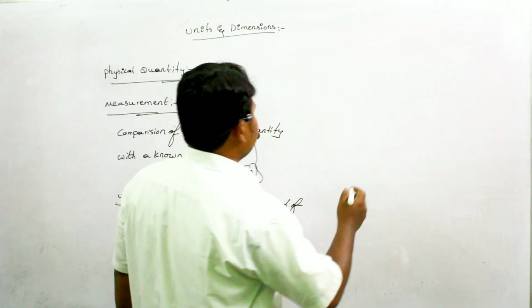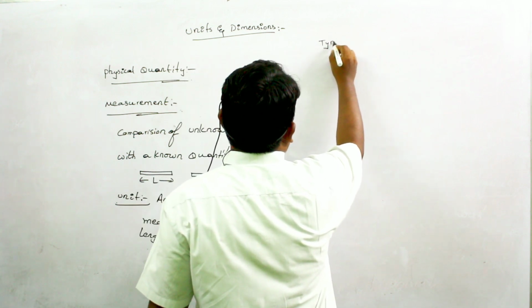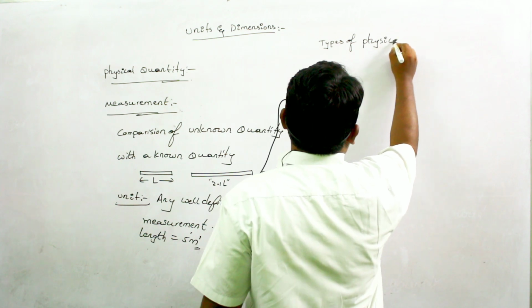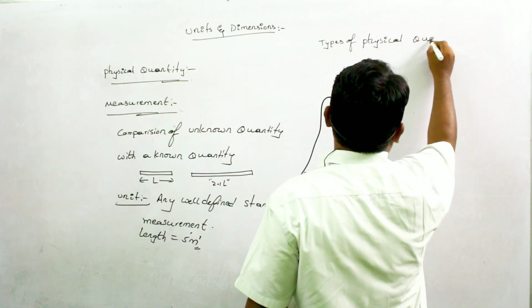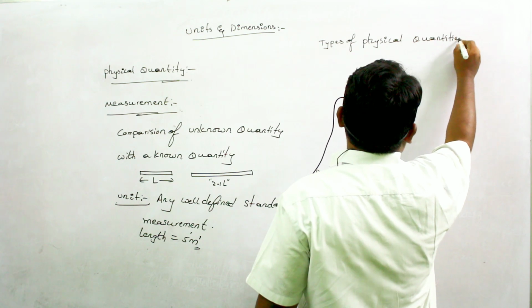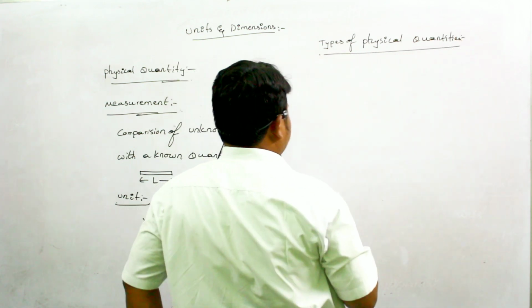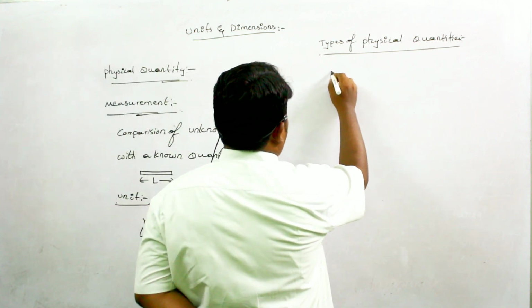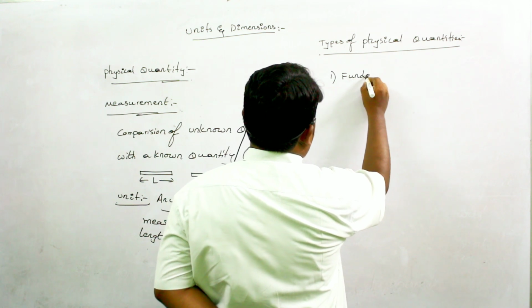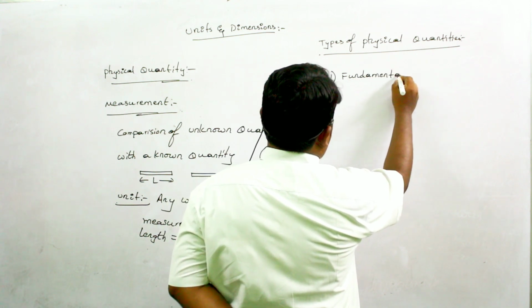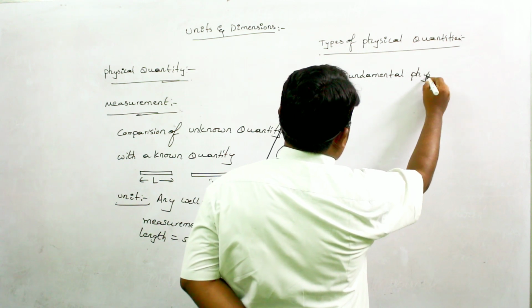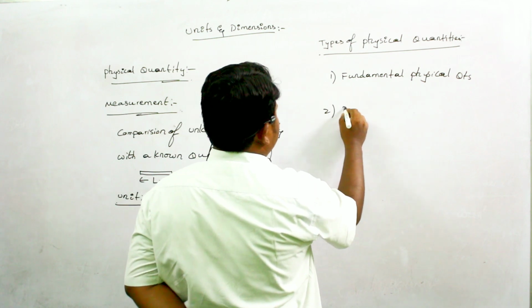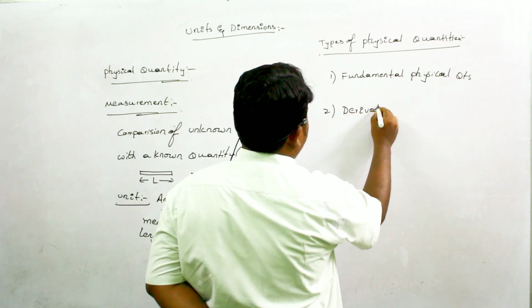Next we can study types of physical quantities. Physical quantities we can divide into two types: fundamental physical quantities, and second, derived quantities.